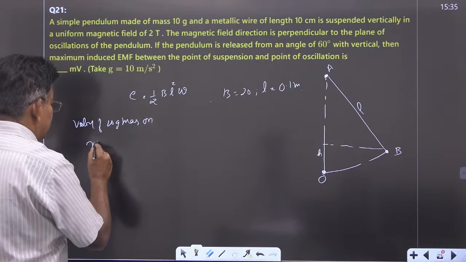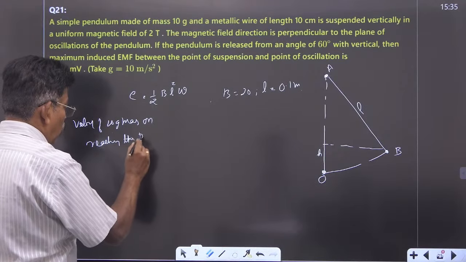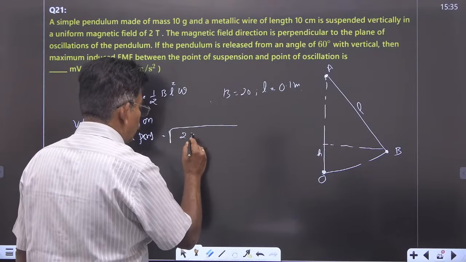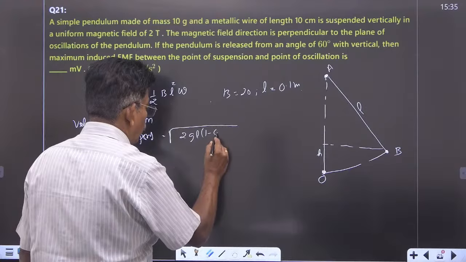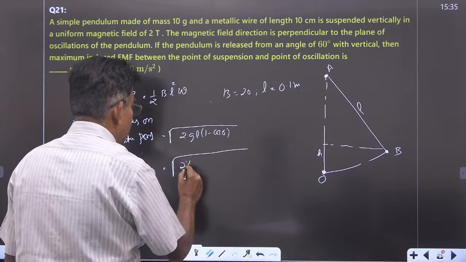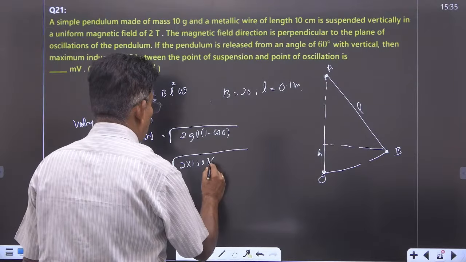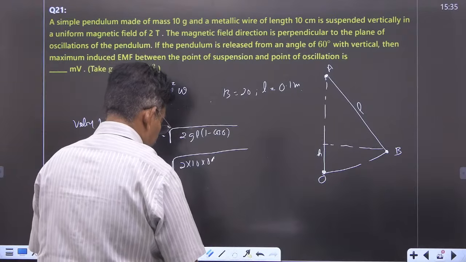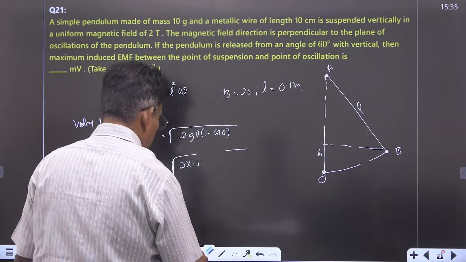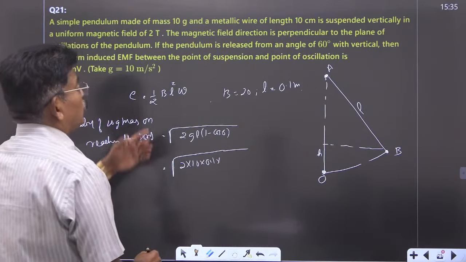On reaching the point O, we have velocity root of 2gL into 1 minus cos theta. We already used it. g we can take as 10, length is 0.1, 10 centimeter, into 1 minus cos theta, as usual 60 degrees.